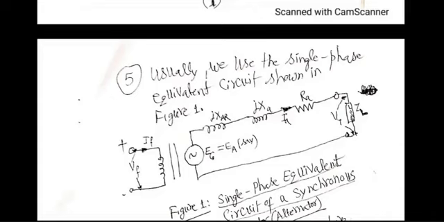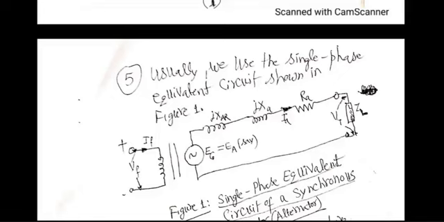EG minus VT, VT is the terminal voltage, okay? EG minus VT, all in complex domain, will be equal to IA multiplied by RA plus JXA plus JXAR. In fact, it is common to represent XA plus XAR by what we call synchronous reactance of the machine.